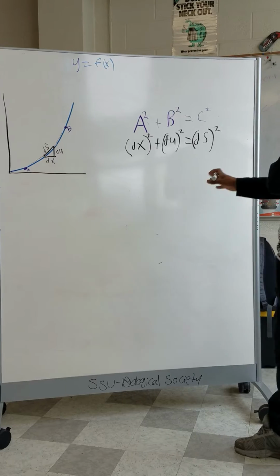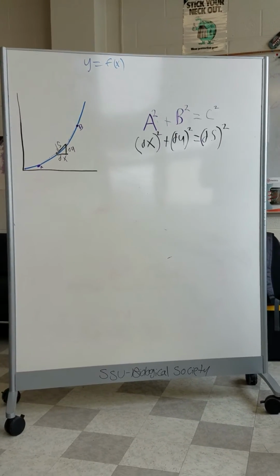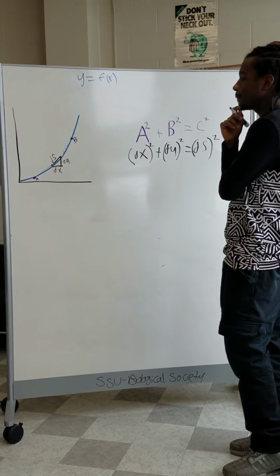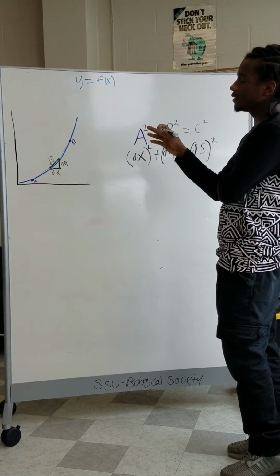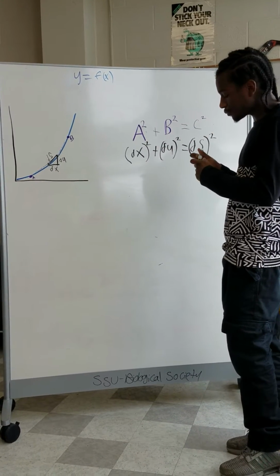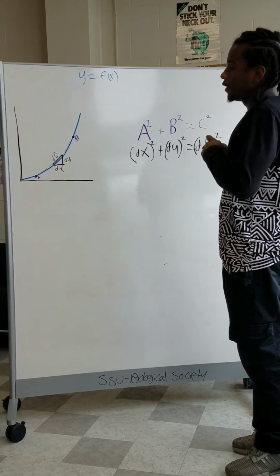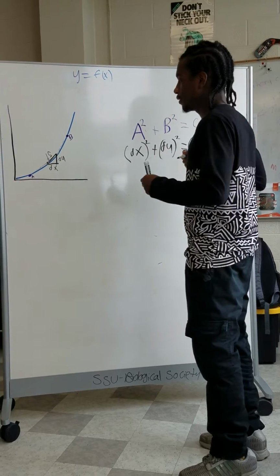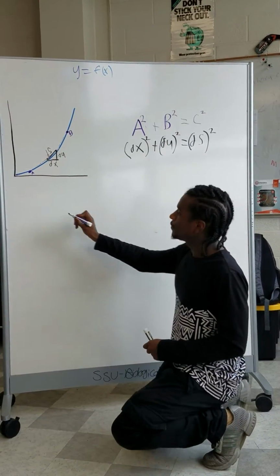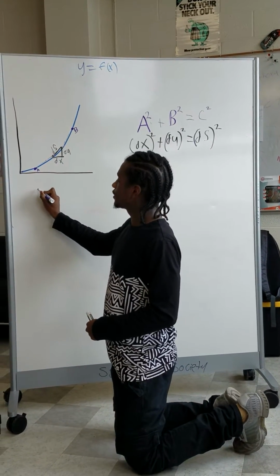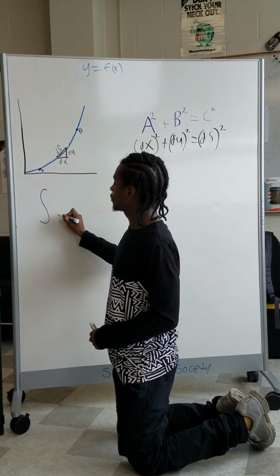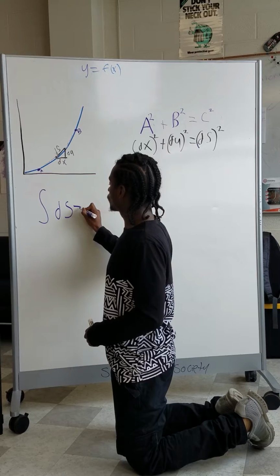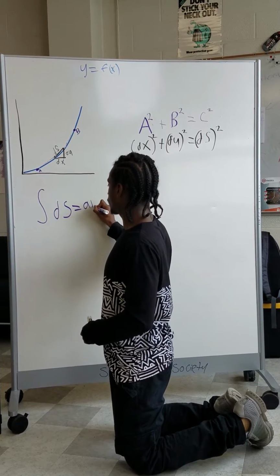We're going to leave this alone for one moment. And I want to go back to talking about what I was saying about ds. The infinite amount of ds's is going to give us the arc length.